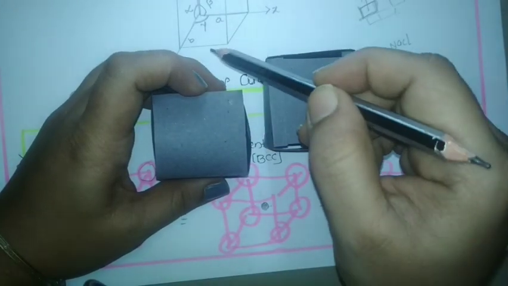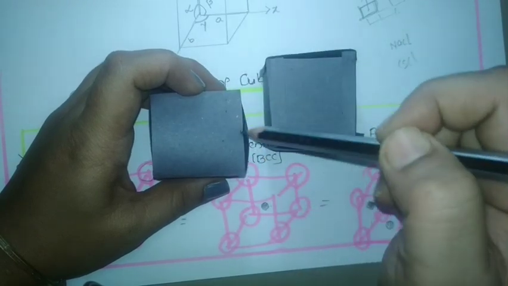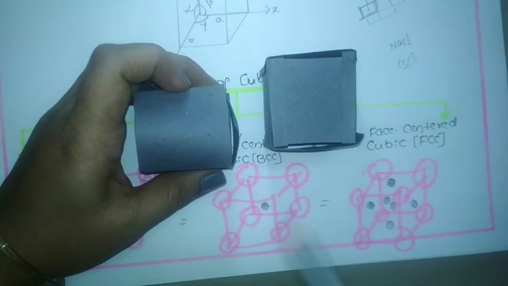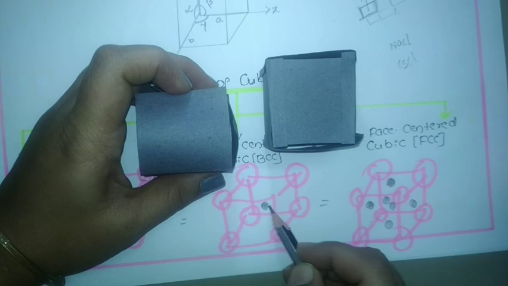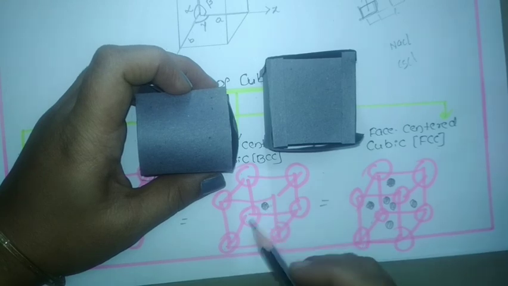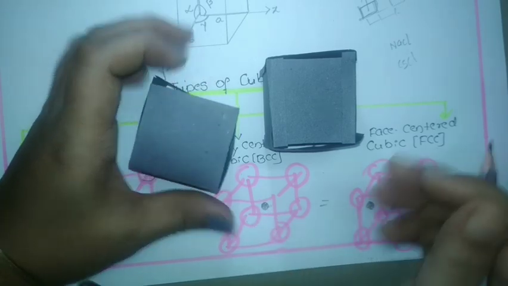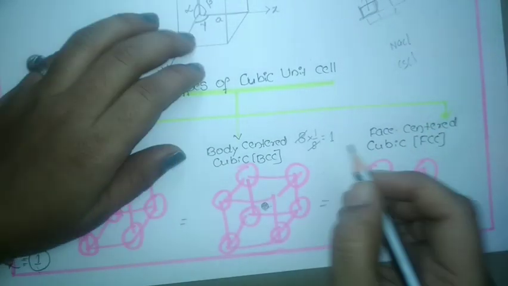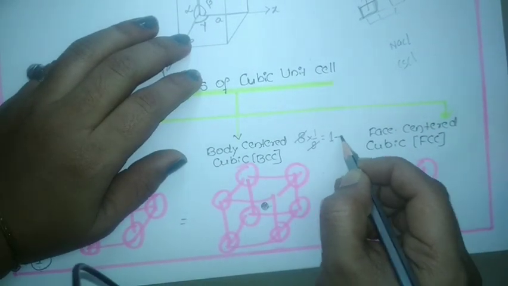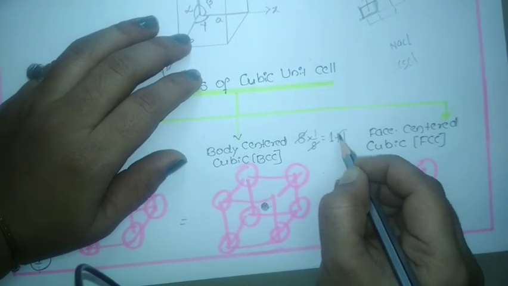If I keep one more next to this, that is also not shared. Therefore, can I say plus 1, which is not shared?